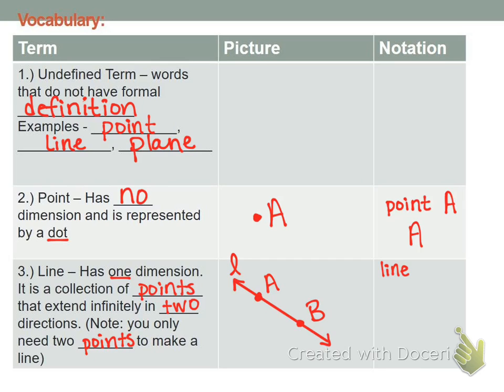We could call it line L using that cursive lowercase letter. We could call this line AB using the 2 points. Another way of saying line AB is to have a little line on top of the letters AB.